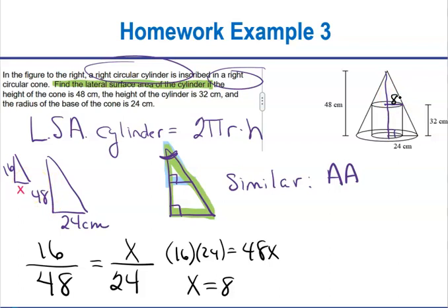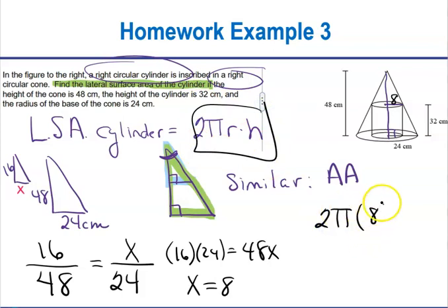Now you know what I can do? I can calculate the lateral surface area of the cylinder. So I have that formula right here for you. That's going to be 2 pi R. That's what we had to do all the work to get. R was 8. What's the height of my cylinder? That's over here at 32.